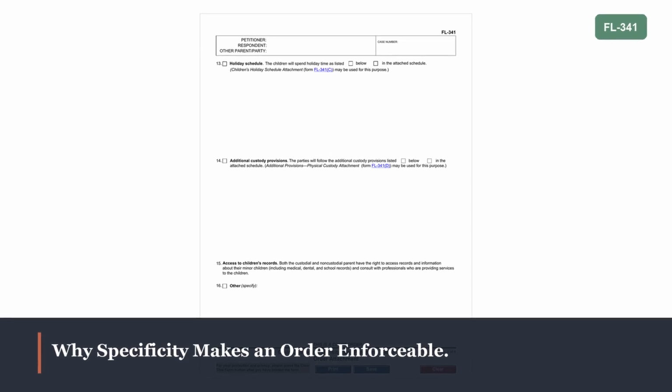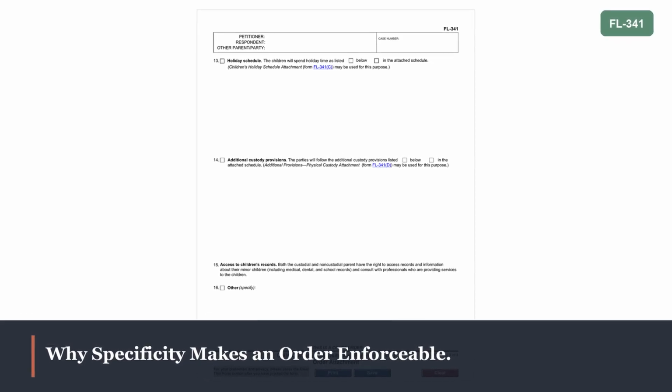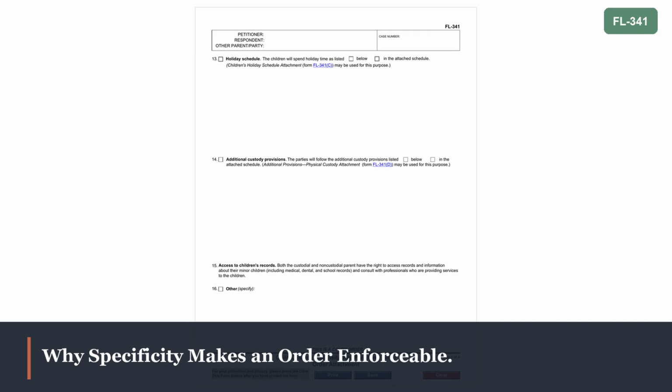Why specificity makes an order enforceable. Because FL-341 becomes a court order, not a proposal, specificity matters more here than almost anywhere else in a family law case. A vague order, such as one that simply says reasonable parenting time without defining what that means, is difficult for either parent to enforce if a disagreement comes up later.